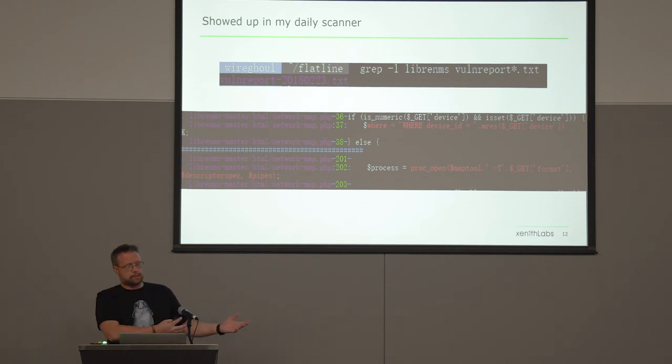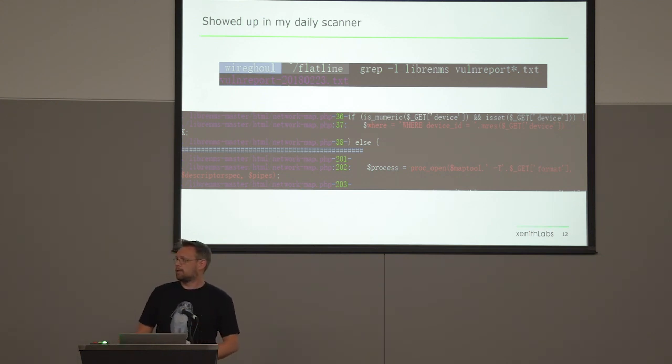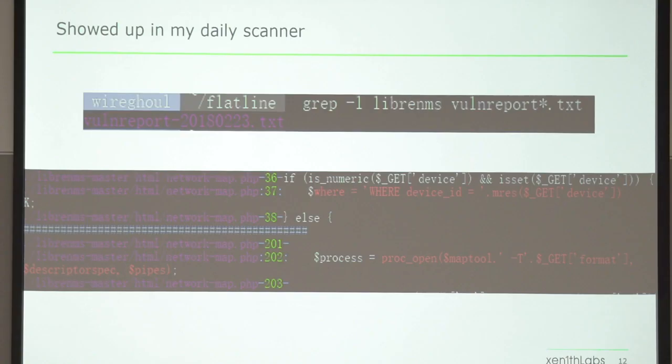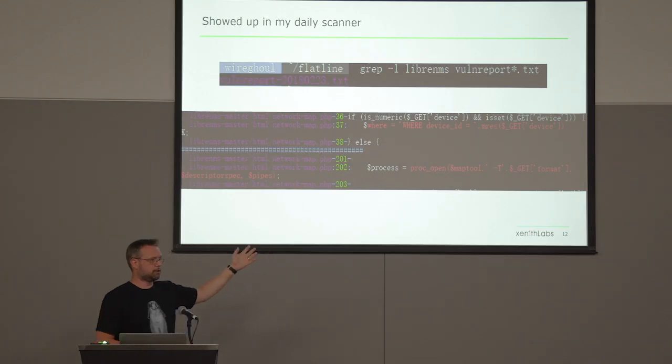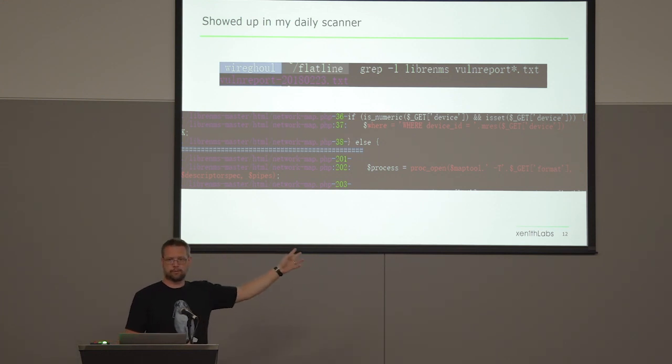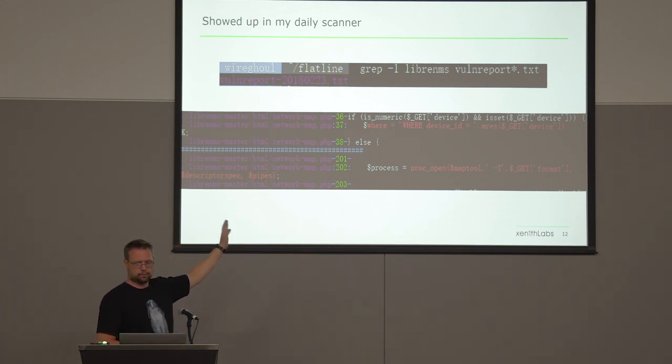So, like I said, in 2016 I looked at LibreNMS, and then in 2018 it showed up again in my automated scanner in February. Now, these 2 lines of code in particular, I remembered from the first time I looked at it, and I know that these are both false positives. The first one that's in red, the line above it verifies that it's actually a numeric value.